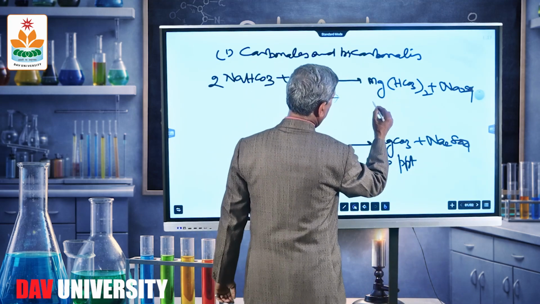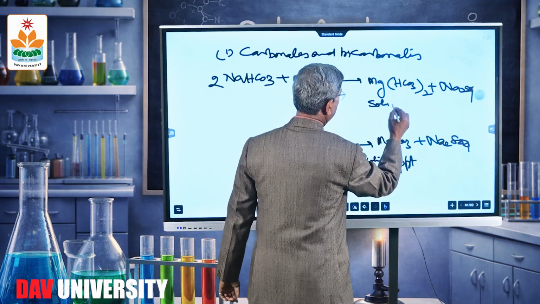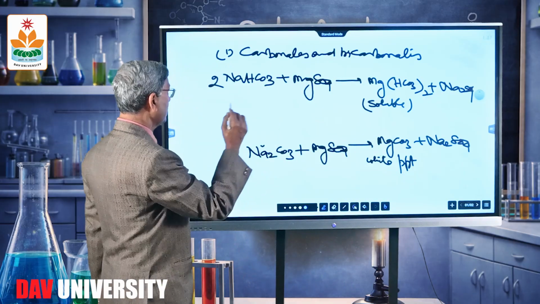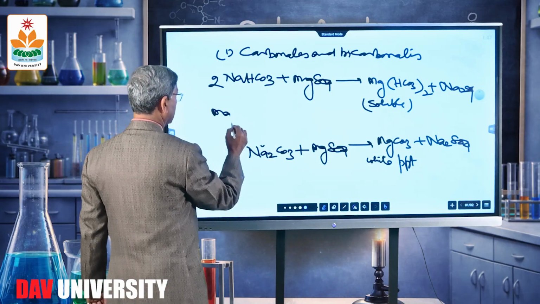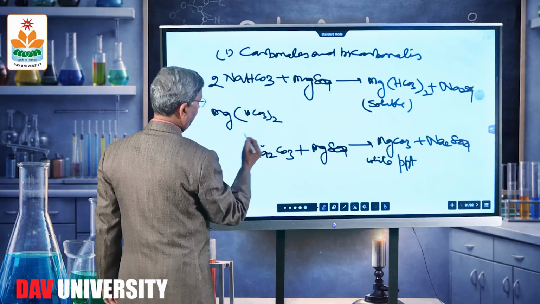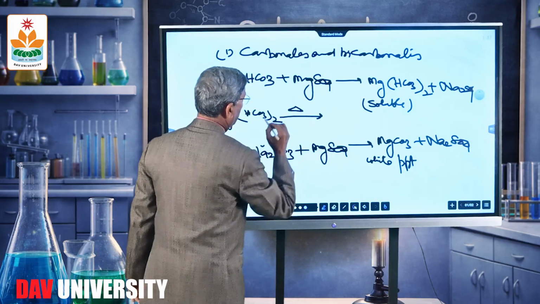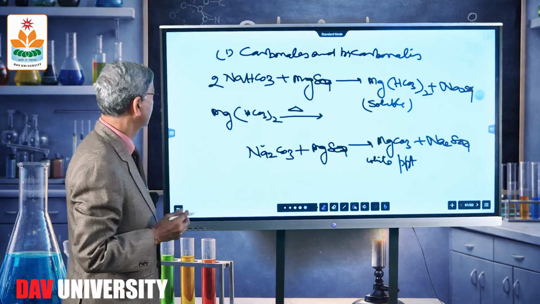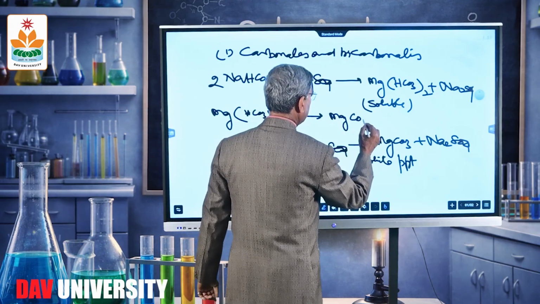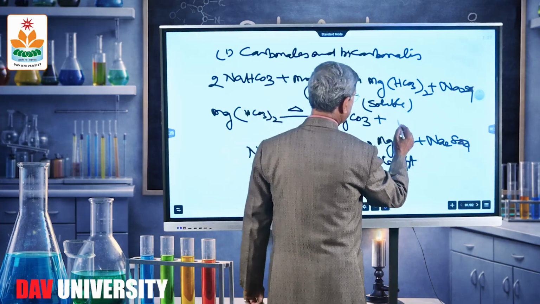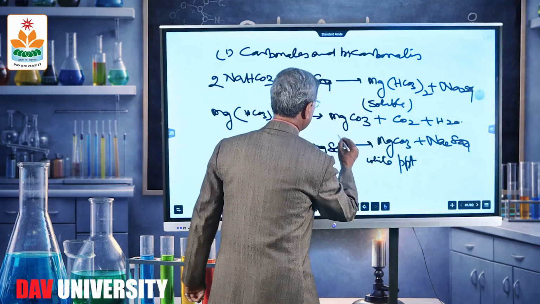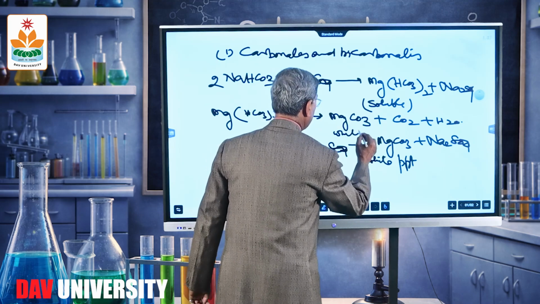And this is soluble, meaning there is no precipitate formation. Then we heat this. When we heat this, we get the formation of magnesium carbonate plus carbon dioxide plus water, and this is a white precipitate.